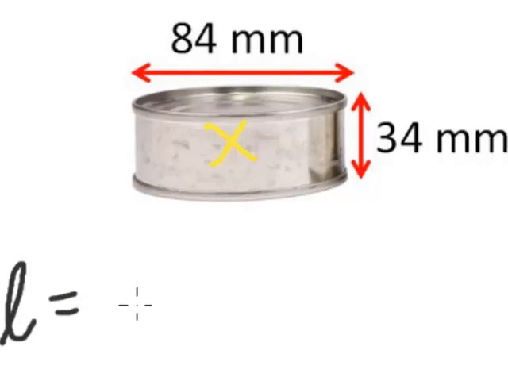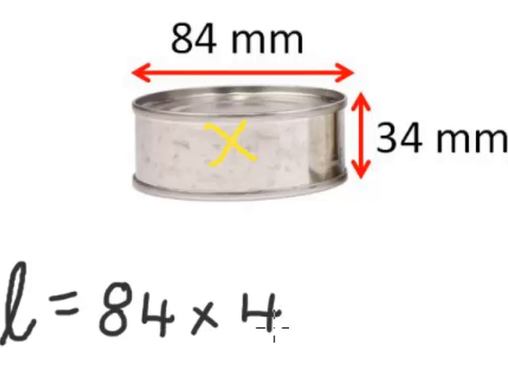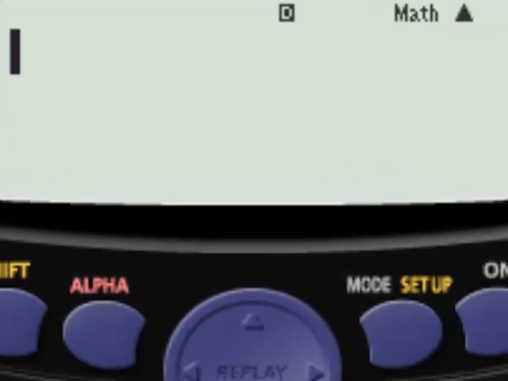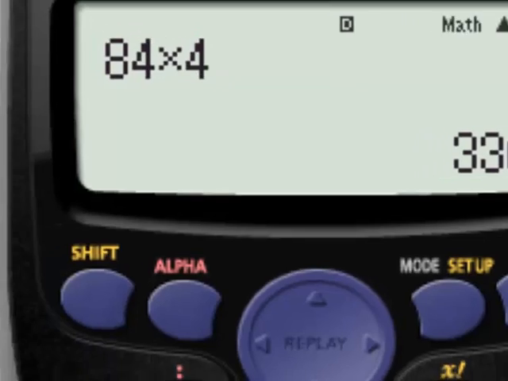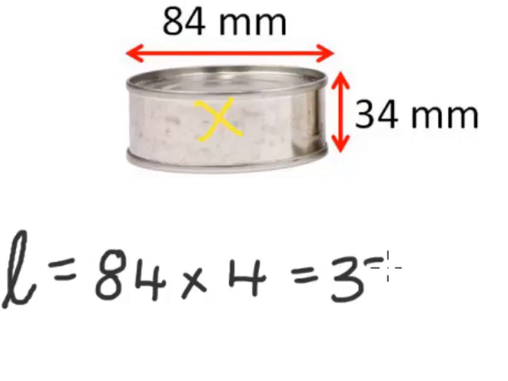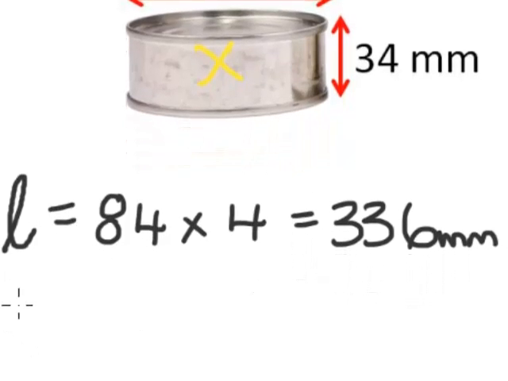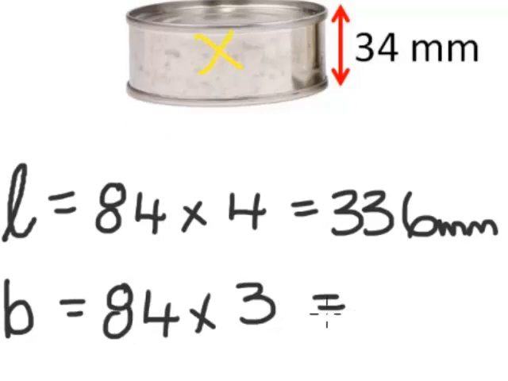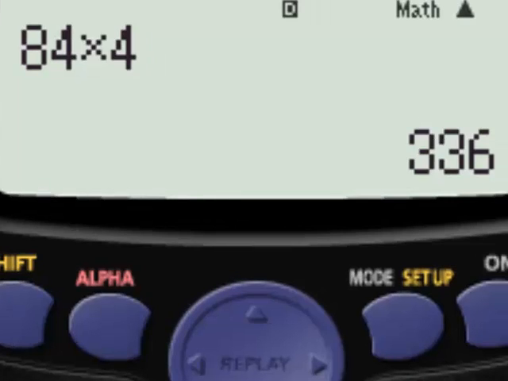Okay, so our length is going to be 84 millimeters multiplied by the 4 cans. Okay, so if we do that on our calculator, we're going to have 84 multiplied by 4. That gives us 336 millimeters. Now in the breadth of our box we had 3 cans, so we've got to go 84 multiplied by 3.